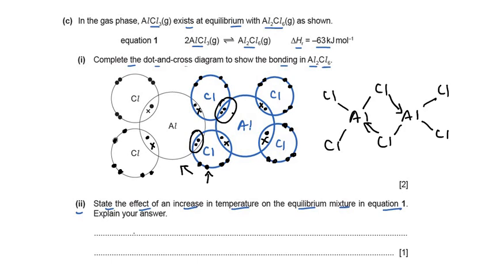Explain your answer. Now if we talk about equation 1, you can see that the forward reaction is exothermic as the delta H value is negative. So if the forward reaction is exothermic and we increase the temperature, the equilibrium favors the left hand side.